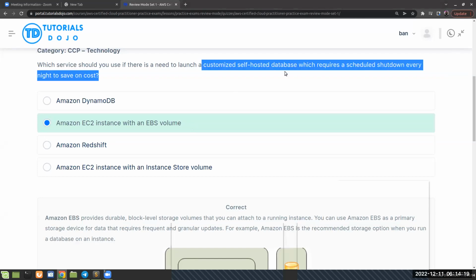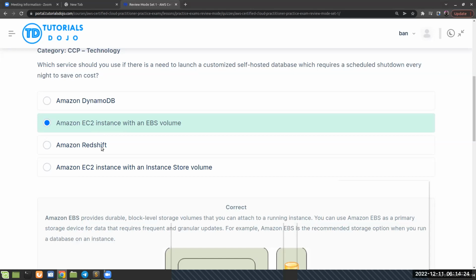Since it's self-hosted, you need to install it because you want to manage it, right? Something that could have confused some people would have been Amazon RDS. You cannot use Amazon RDS because it's not self-hosted. Amazon RDS is managed by AWS.